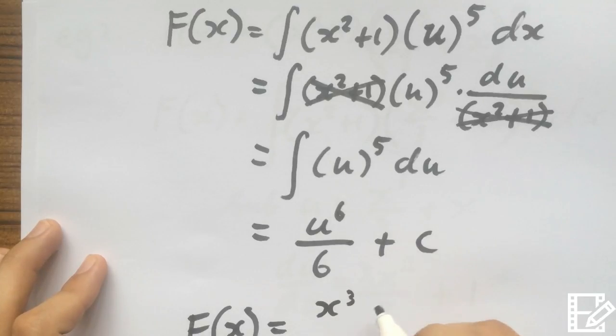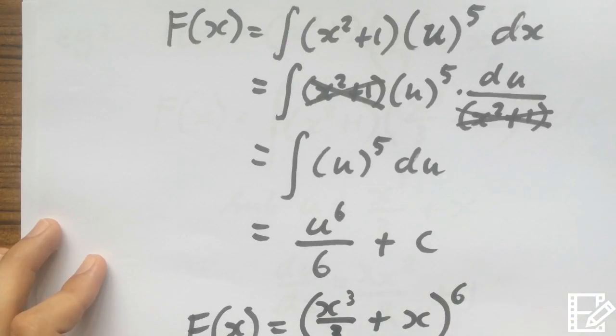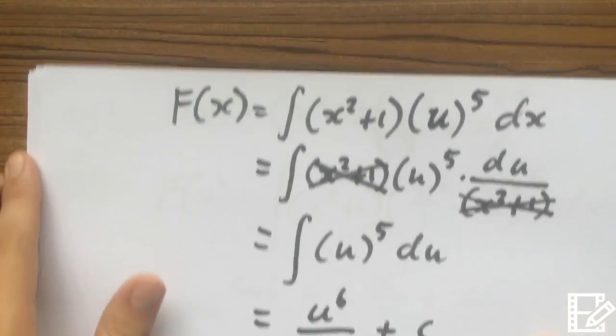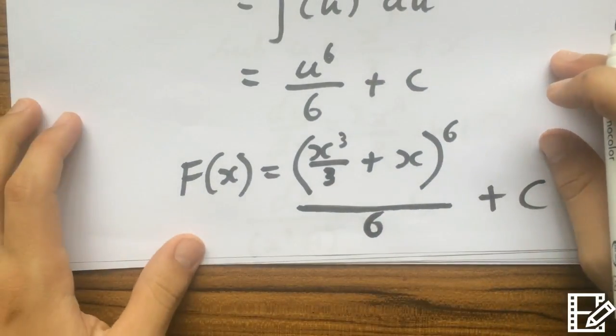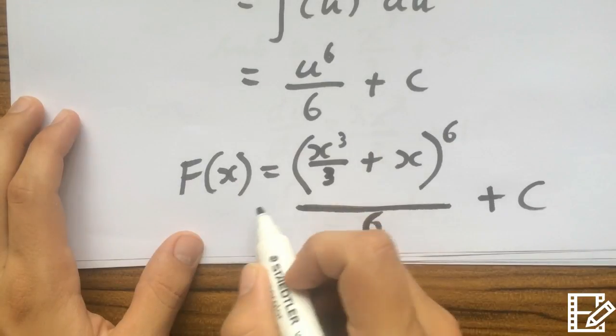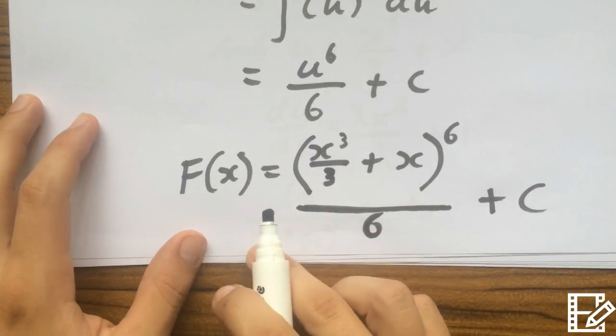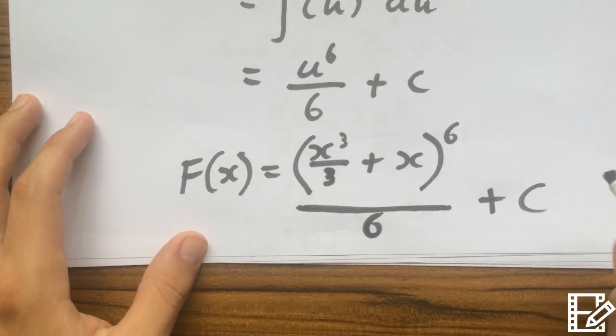X to the power of 3 over 3 plus x, to the power of 6 on 6, plus c. That should be brought down in line with this, but that's generally the gist of it.